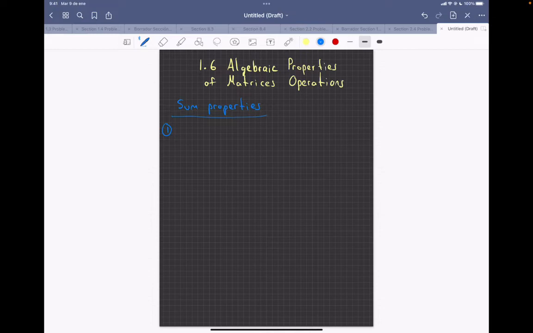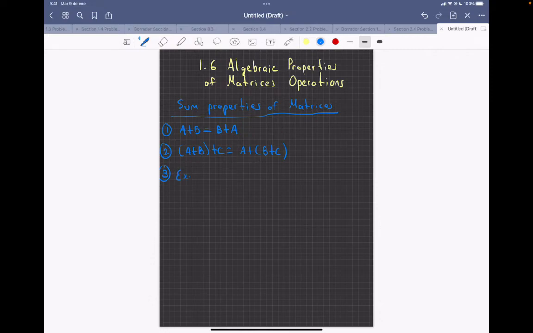But for example, some properties with the sum of matrices: A plus B is the same as B plus A. If you add A plus B first and then plus C, it's the same as A plus B plus C. Something similar to the real numbers.